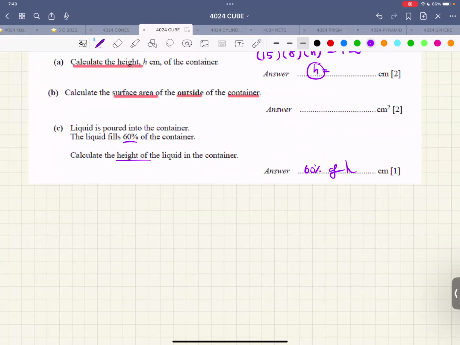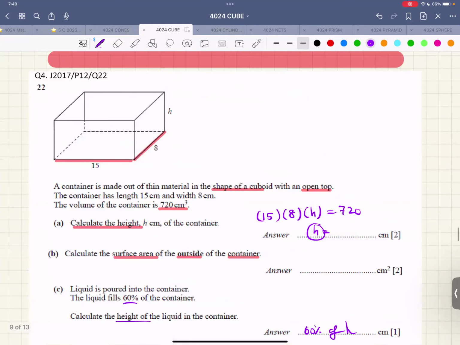Why? Because let's say if it's 50%, that means the height of the liquid should be half, because we are not changing the other 2 dimensions. So what is changing? The height. If it's filled to half the level, that means it's half full. It's filled to 60% of the level, so the height should be 60% of this value.